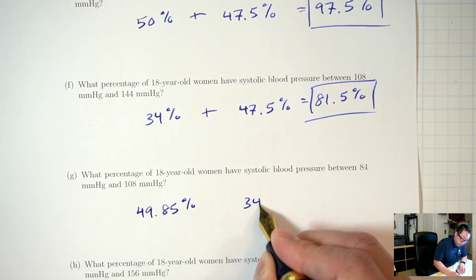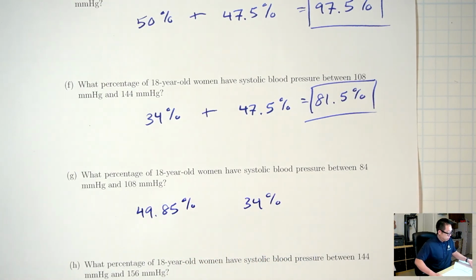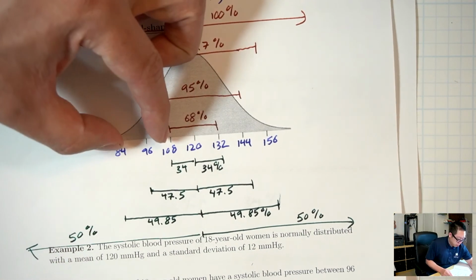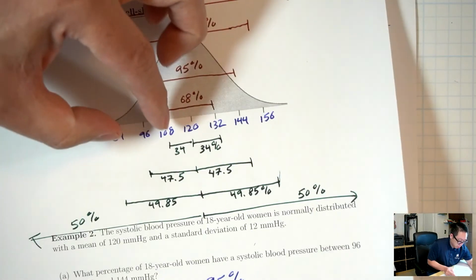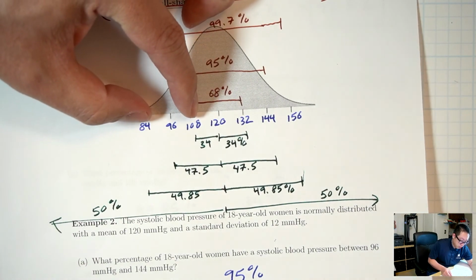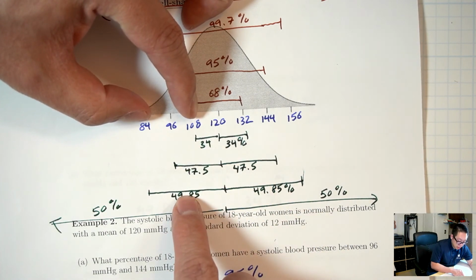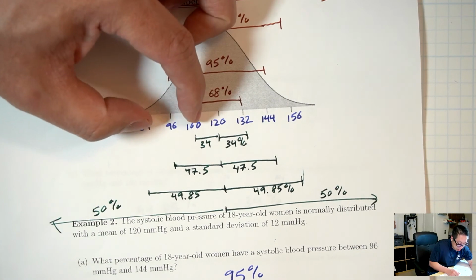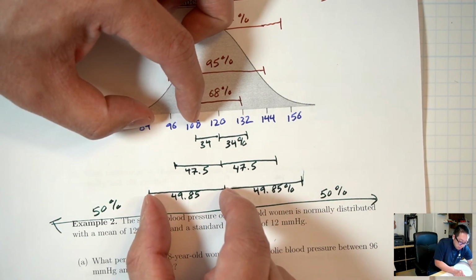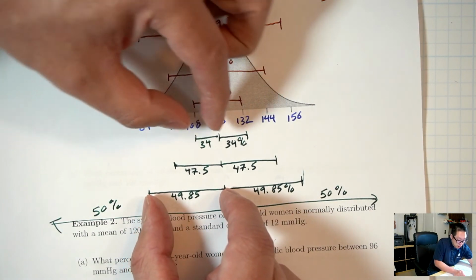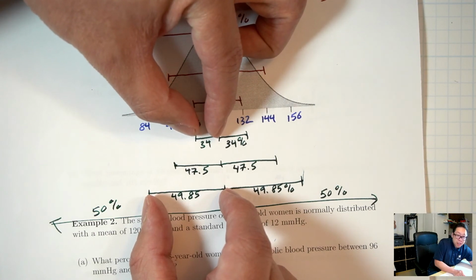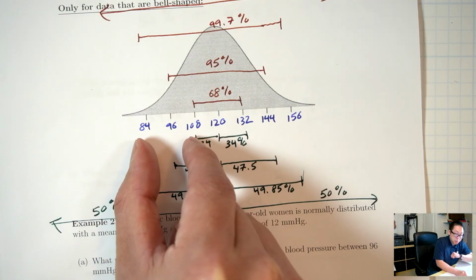And we said 34. So we're doing 84 to 108. I know it involves this piece and this piece. Hopefully you can see that to get this piece, you would take this piece, subtract off this piece, and that should give you exactly the piece you want.